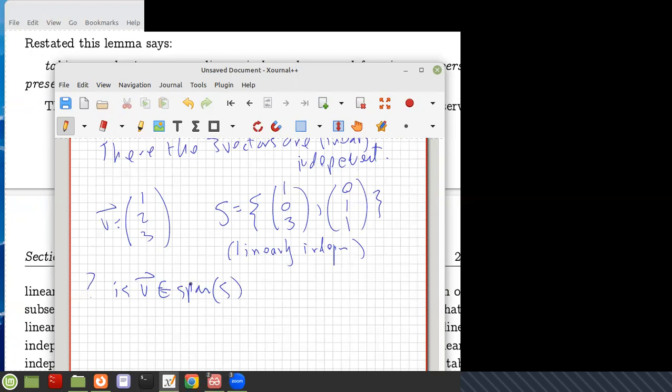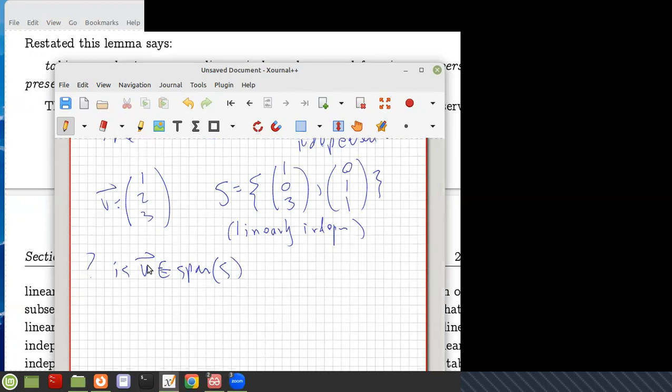And you can see that knowing whether this vector is in the span is related to another question: can I show that some set of vectors spans a space?